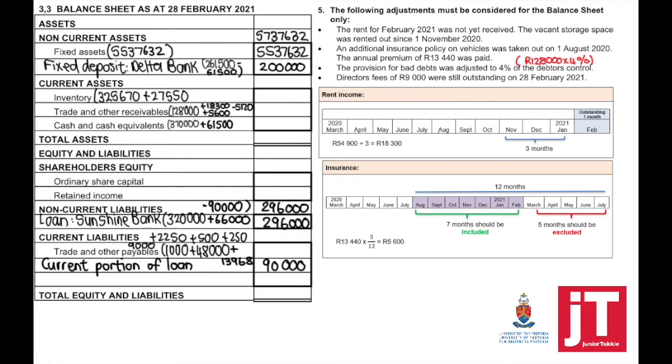Before we go to the last adjustment on share capital, what can we complete on the balance sheet? We can calculate the fixed assets. There were no change. Fixed assets plus fixed deposits equals the non-current assets. We've got inventories. There were no adjustments with inventory, so we're just going to add those two. We're going to total trade and other receivables. We are not going to close off cash and cash equivalents yet.